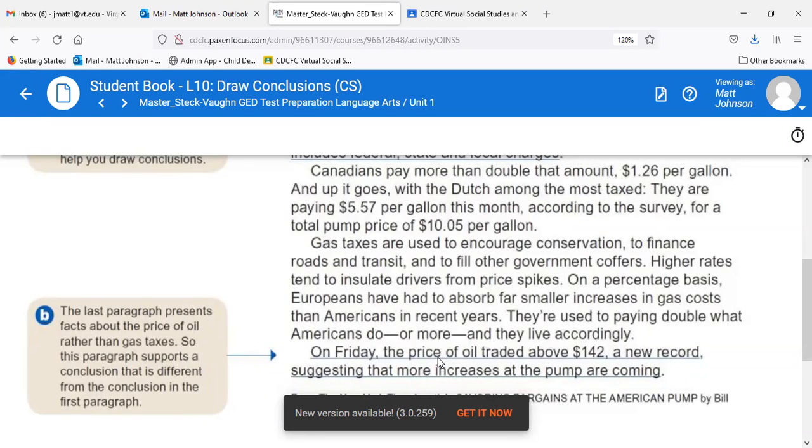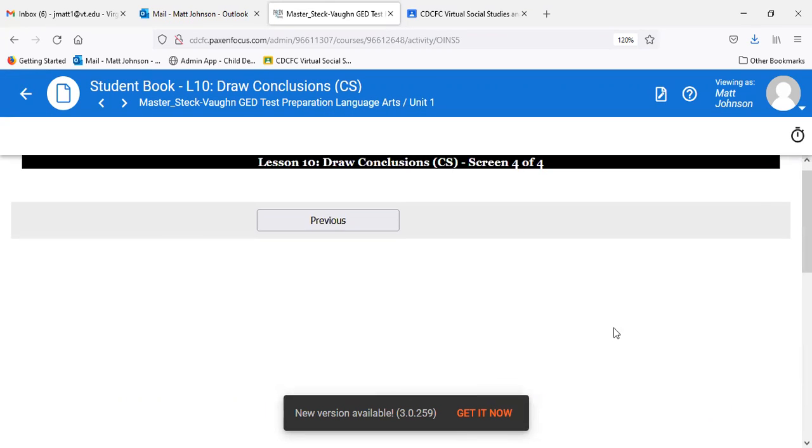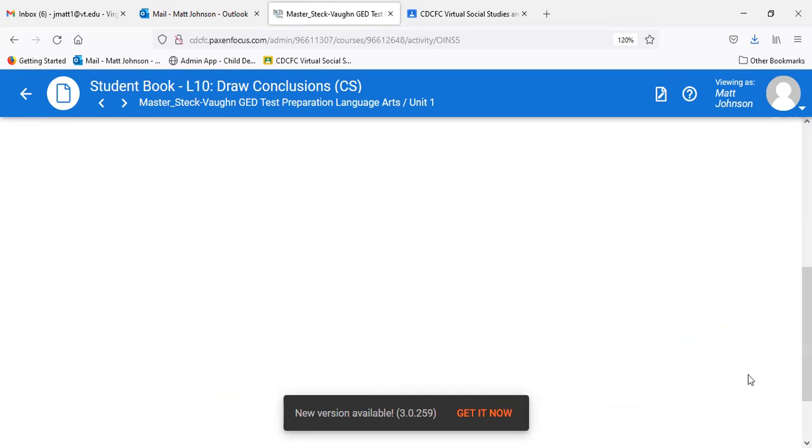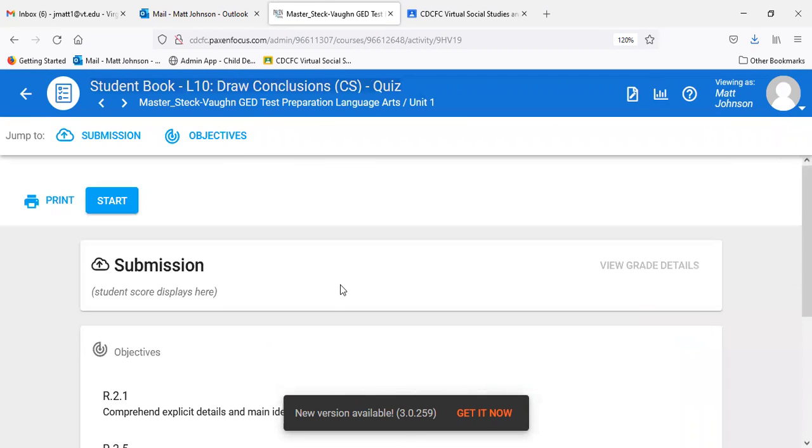We have taxes that are going to have an effect on gas prices at the pump, and of course the price of oil per barrel, which is also going to have an effect. Okay, so let's move over to our quiz. Lesson 10, Unit 1 on drawing conclusions.